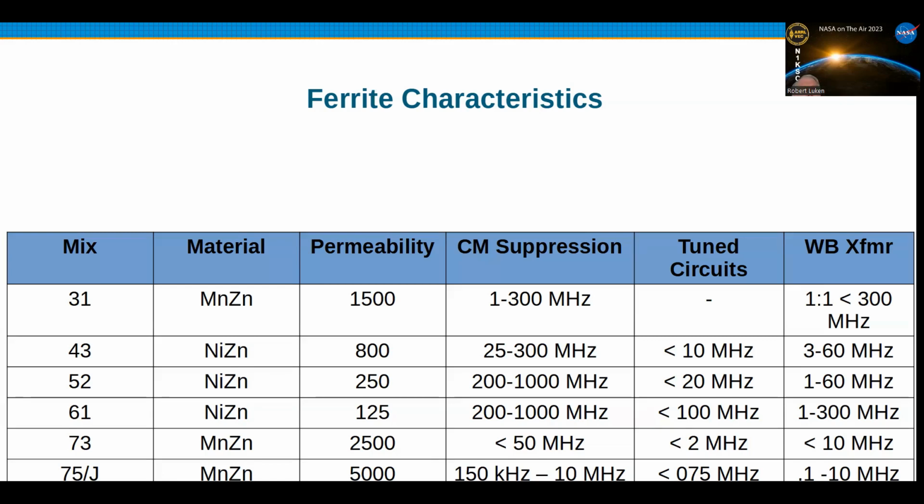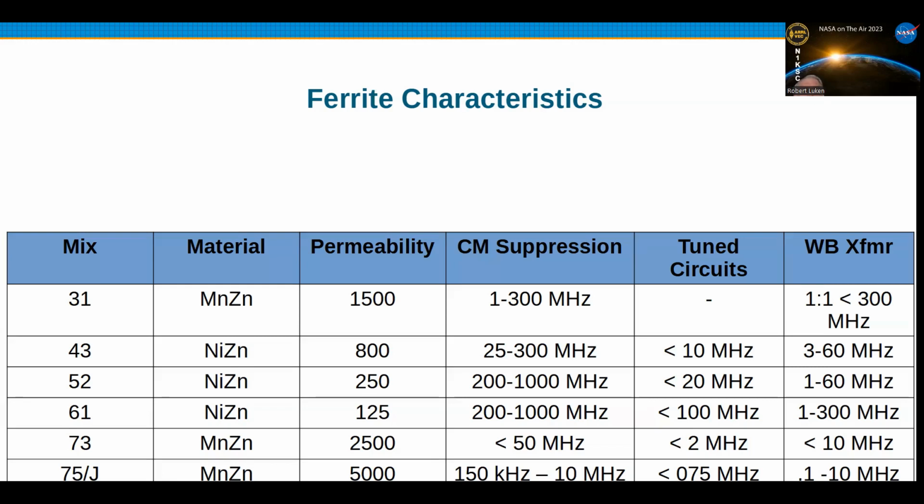The more permeability, the higher the inductance value. This column is common mode suppression. So on the type 31, you can use them as common mode chokes in the 1 to 300 megahertz range. I think it kind of falls off towards 300. It's still usable.